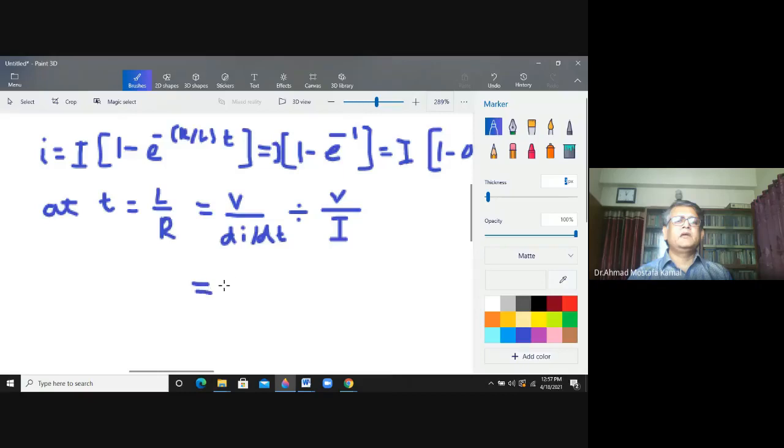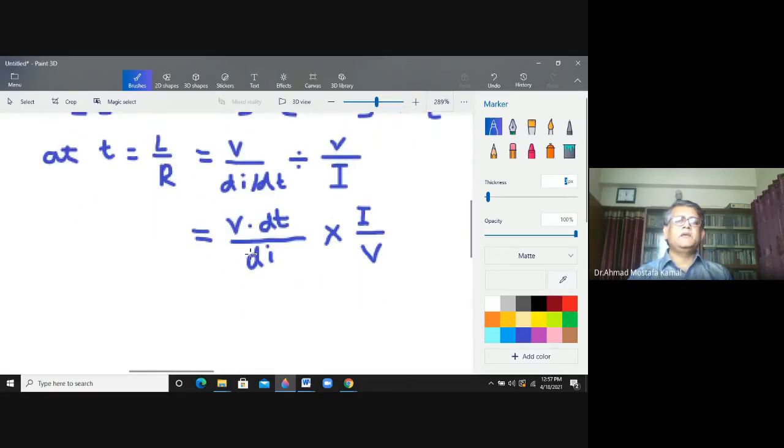We can write V divided by di by dt, therefore V into dt divided by di, and then into I divided by V. Current is I, voltage is V. So voltage will be cancelled, ampere will be cancelled, and you have only dt. That means you have the unit of time, second.